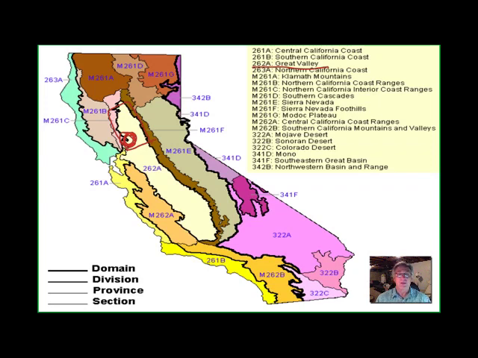But anyway, my point is, here where we live in Yolo County, we live in an ecotone. That transitional zone for animals to go out and graze and get food in the great grasslands and plains of California. But we also sit in another location that's M262C, and also the great interior coast ranges.